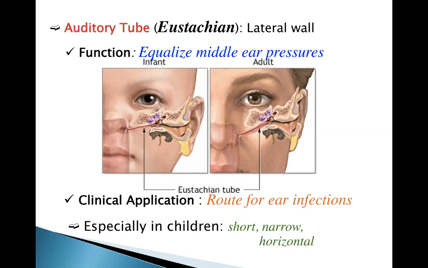In children, their skull is much rounder than when we're an adult. Our skull tends to narrow. And so the position of the eustachian tube in a child is going to be much more horizontal and shorter. And so it's a shorter route for infection to travel.